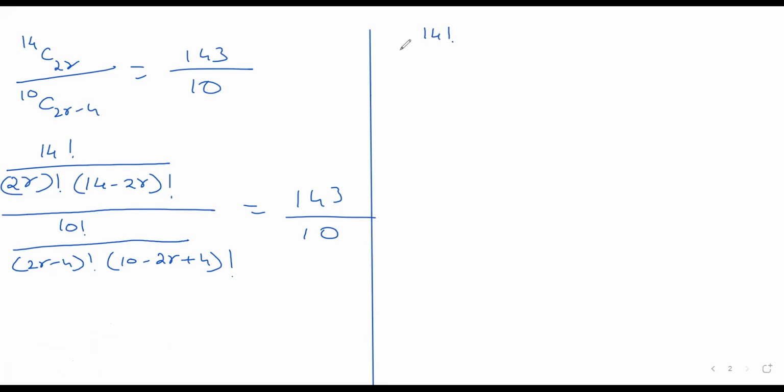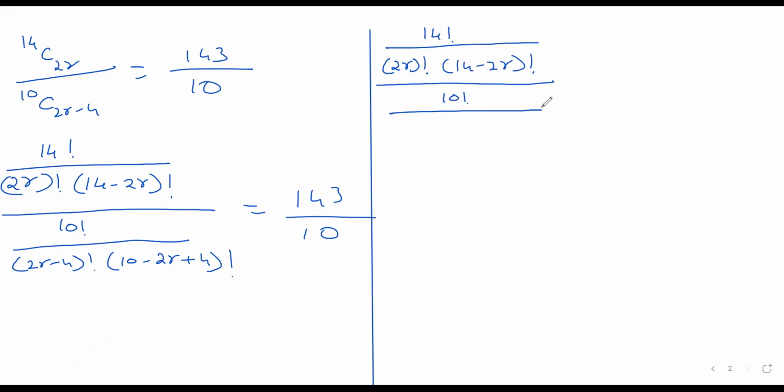This is 14 factorial, 2r factorial, 14 minus 2r factorial, whole thing upon 10 factorial, 2r minus 4 factorial, 14 minus 2r factorial is equal to 143 upon 10.